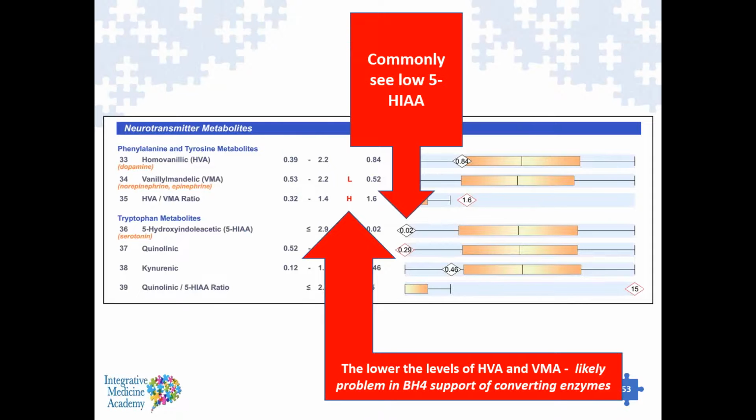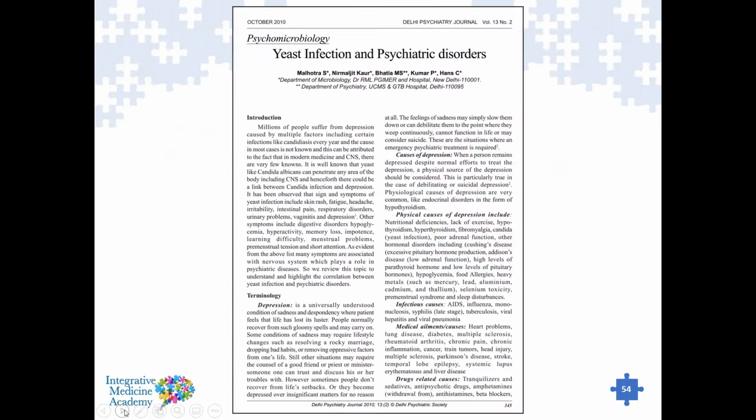Because the reality is in integrative and functional medicine, sometimes you just have to try different therapies to see which one hits the mark. So it's not out of the realm of possibility here that a person like this could actually benefit from BH4 supplementation. And I've actually used BH4 in autism with some good effects.